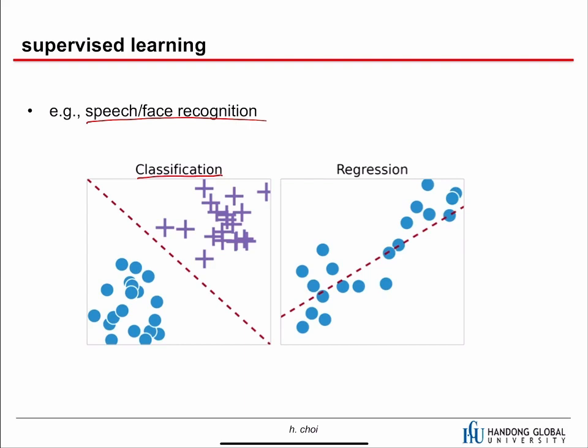And regression is also a supervised learning algorithm, but regression is a little bit different from classification. In regression, we want to find the relationship between x and y. Okay, so we want to find this kind of line or some curve. So classification and regression, these two are the most popular examples of supervised learning, but they are different.